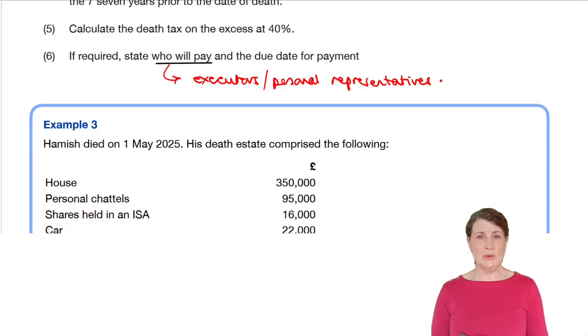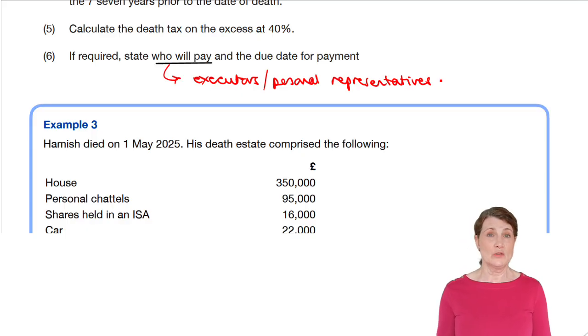So these are the people that sort out all your affairs when you die, because obviously you're dead and you can't do it yourself. So it could be a solicitor, it could be a member of your family, if they're competent enough to do it. But those are the people that are responsible for administering your death estate and paying any tax that's due.